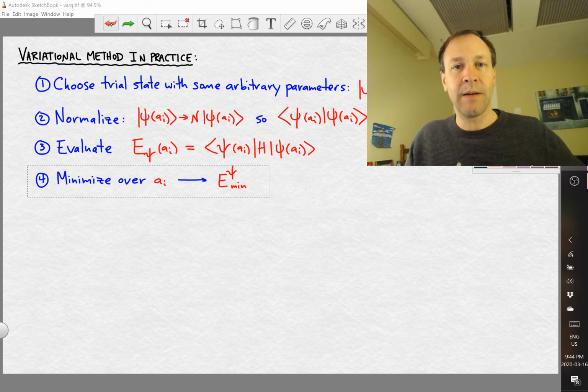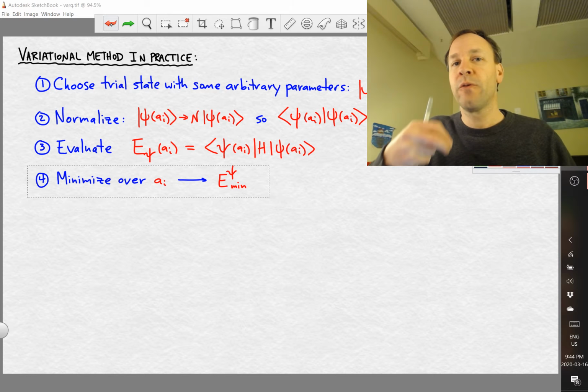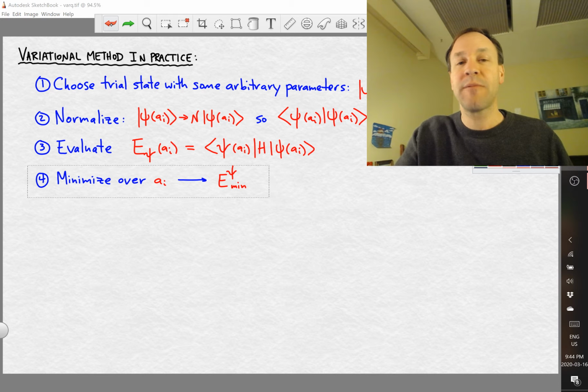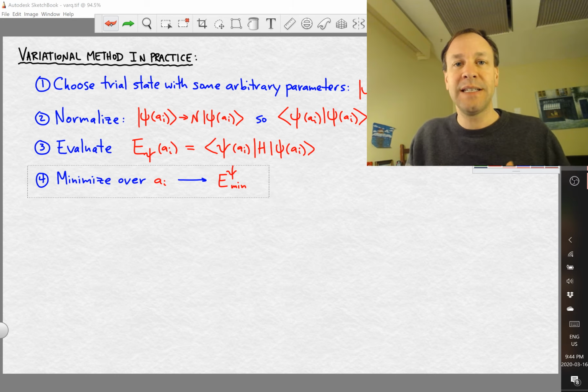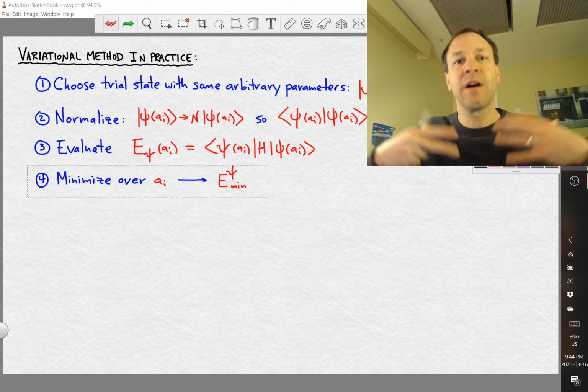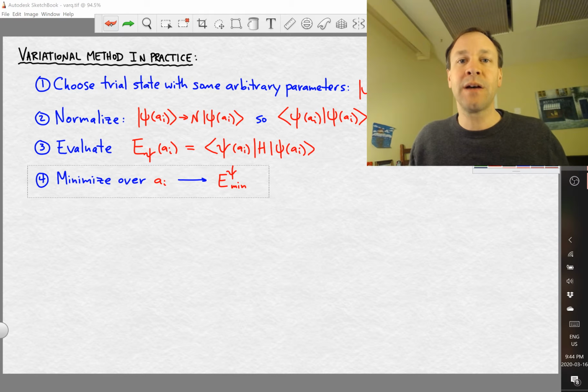Now we've got this energy expectation value which depends on the parameters A, and we know that whatever parameters A I choose, this E is going to give us an upper bound for the actual energy. So what we want to do is figure out the best out of all those upper bounds. We'll take our function E as a function of A and try to minimize that over all the parameters.